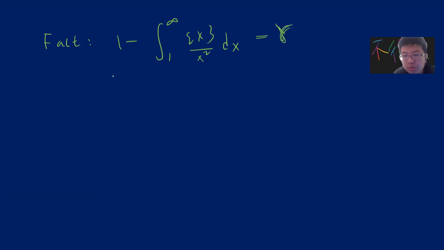Let me finally quickly prove this. I think this is not difficult. Let's say the integral from 1 to infinity of the fractional part of x over x squared dx. So from 1 to 2, you get the integral of (x minus 1) over x squared dx.